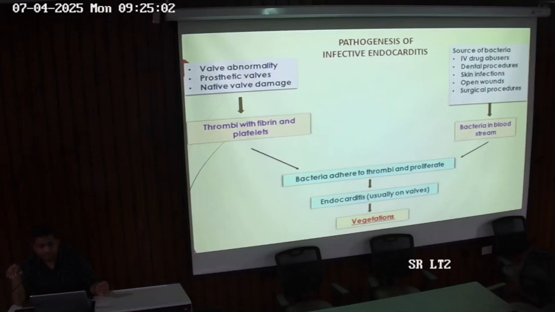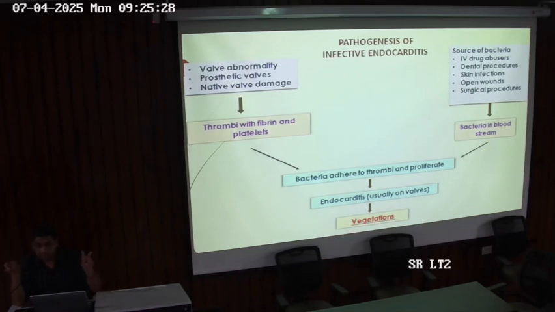and then develop endocarditis. In the source, there may be some IV drug user, some dental procedure having been done. The patient has a prosthetic valve, a damaged heart valve or heart wall, is an IV drug user, had a dental procedure, some skin infection already is there, an open wound is there, or some surgical procedure. So bacteria enter the blood and then adhere to the thrombi.